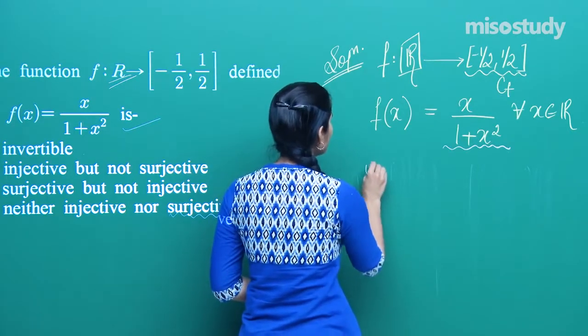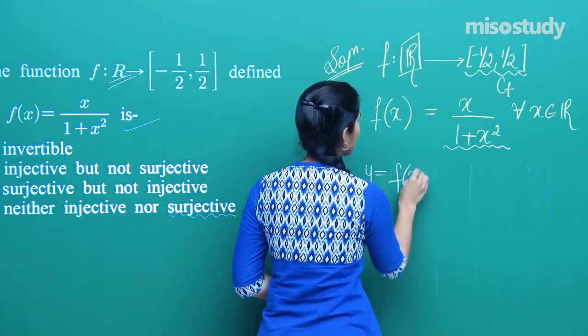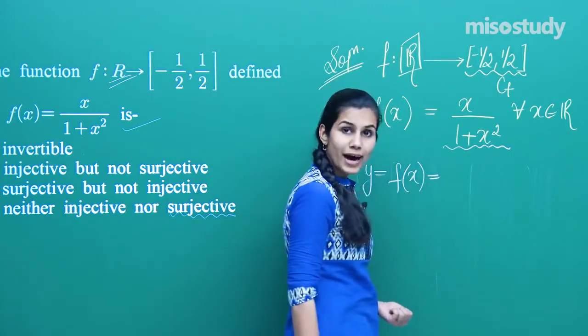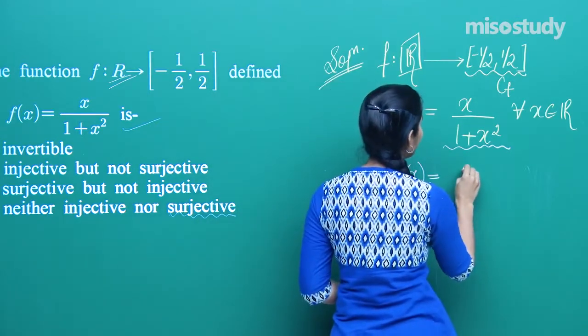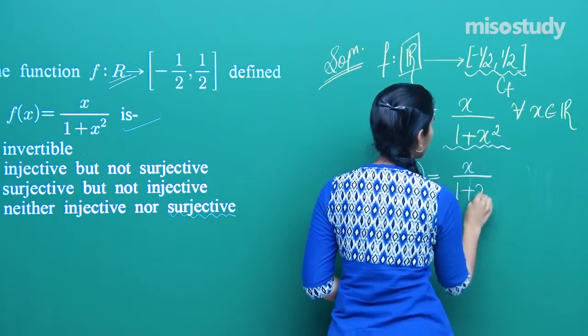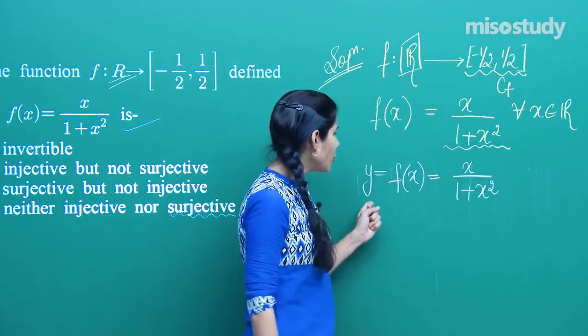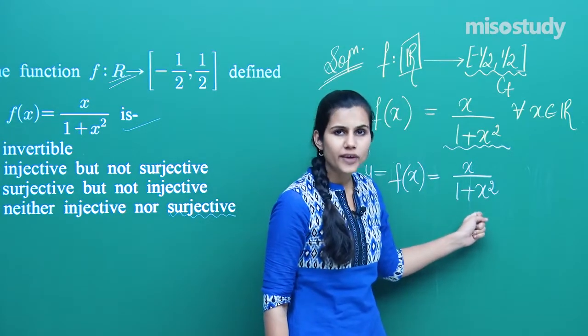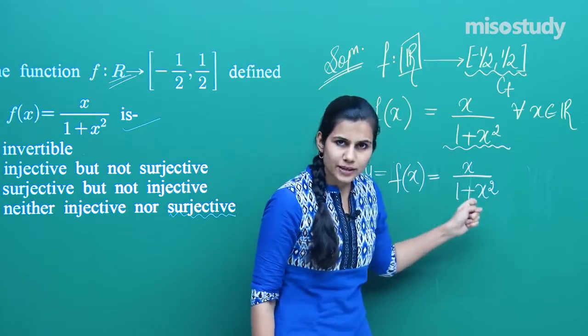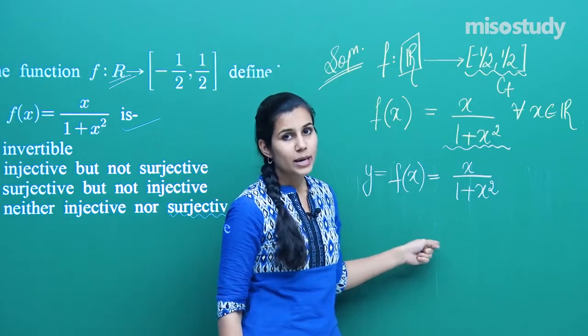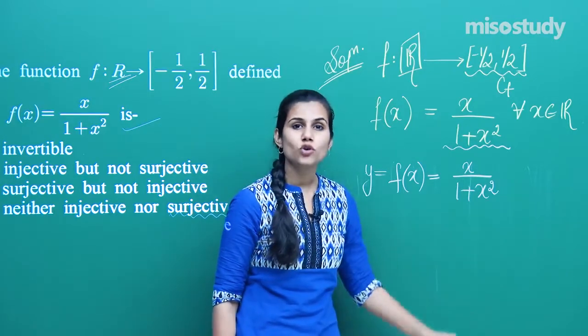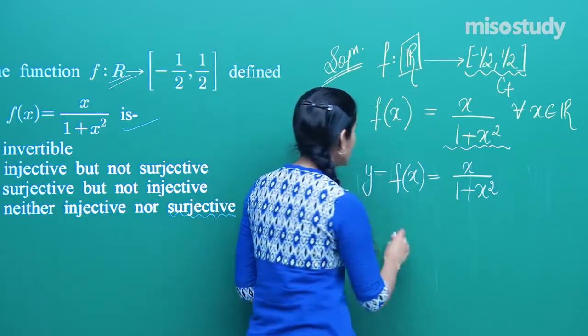So put y equals f of x. y equals f of x implies y is equal to x upon 1 plus x square. Now, y is being expressed in terms of x. Reduce this expression by solving in such a way that x is expressed in terms of y. So, let's do that.